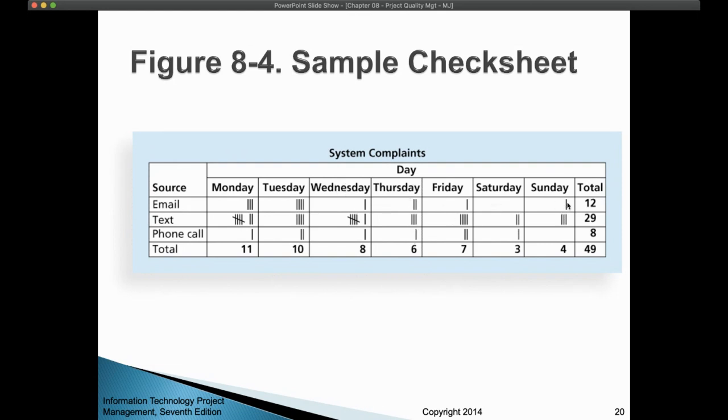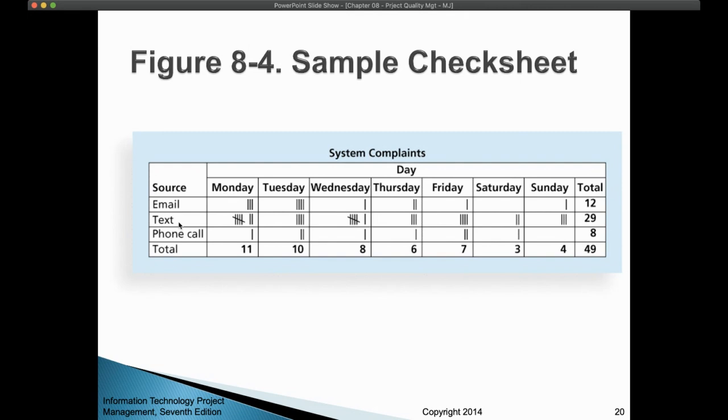Now at the end of the week you look at the total, you see that 29 complaints came through text.